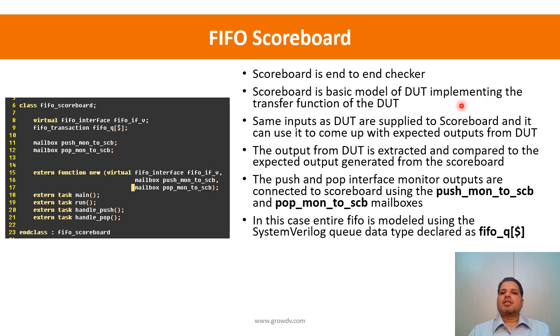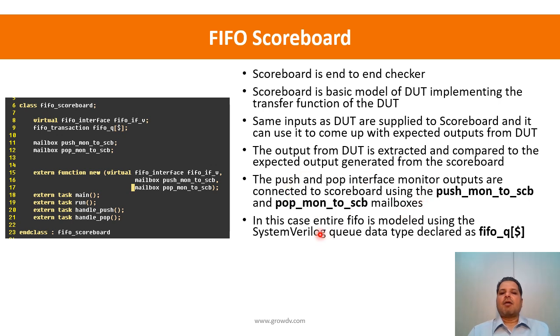The DUT transfer function is modeled in the scoreboard, and the idea is, we apply the same inputs that we are applying to the DUT to the scoreboard, which is an abstracted model of the DUT, and then the outputs from the DUT are extracted and compared to the scoreboard, because the scoreboard is expected to produce the correct expected data, right? So we take that and do that.